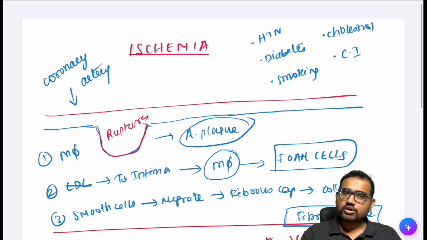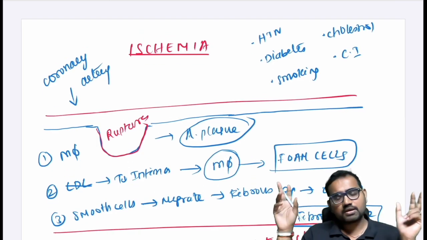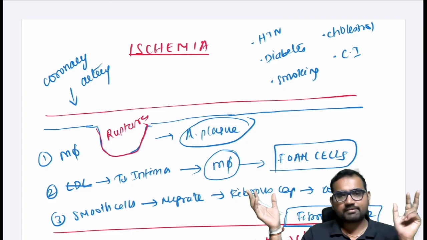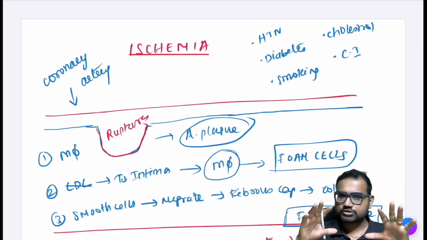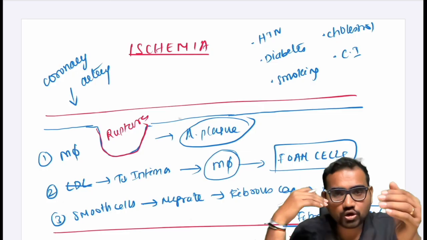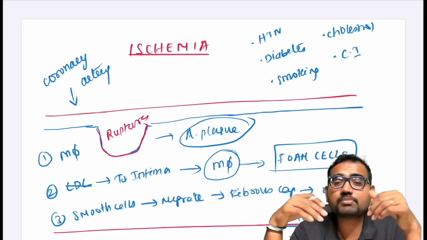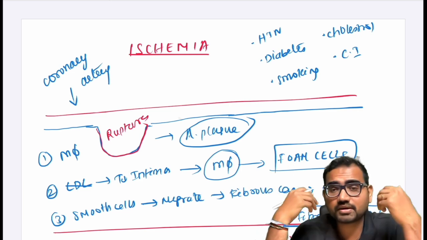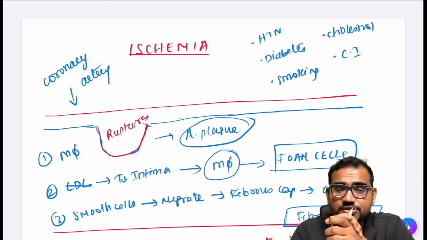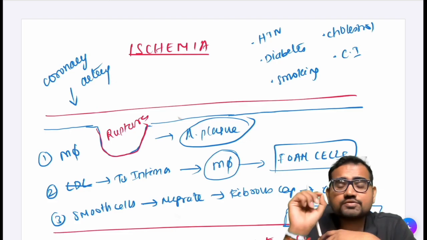The ischemic heart disorders are basically: stable angina, unstable angina, non-ST segment elevated myocardial infarction, and ST segment elevated myocardial infarction. Non-ST segment elevated and unstable angina are almost similar, but in non-ST segment elevated there will be more occlusion, ST depression, and elevated troponin and CKMB values.